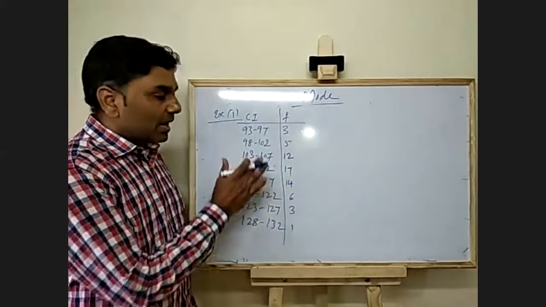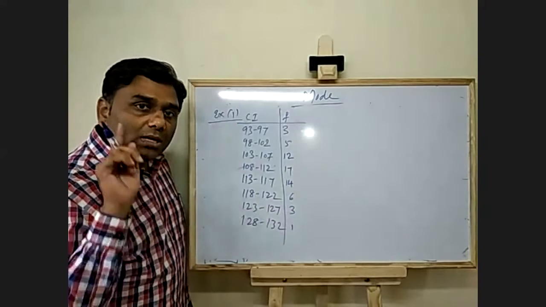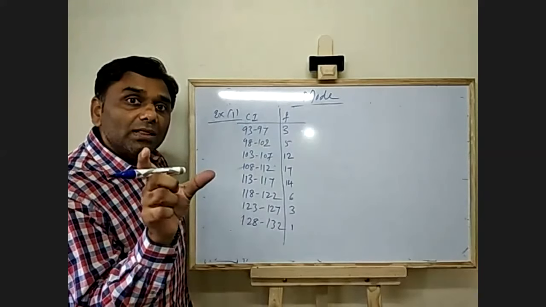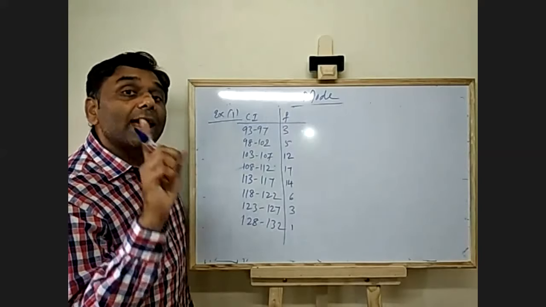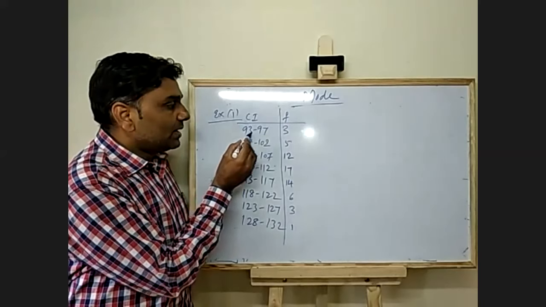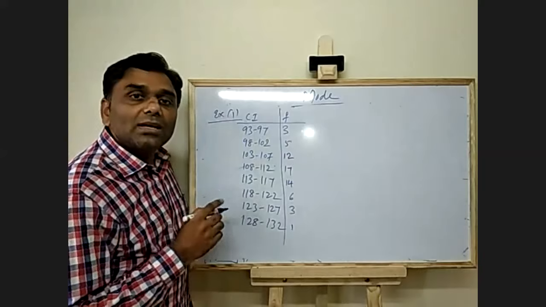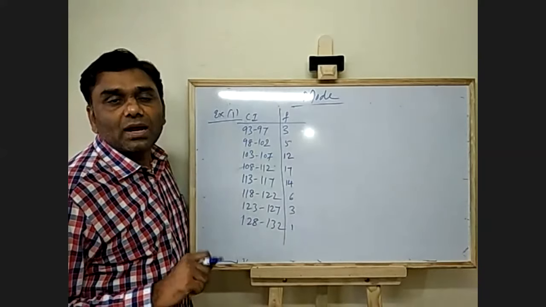Now see the class intervals. What is the assumption? Class intervals should be of equal length, same magnitude, and exclusive. What are these class intervals? 93 to 97, next is 98. These are inclusive class intervals and not continuous.